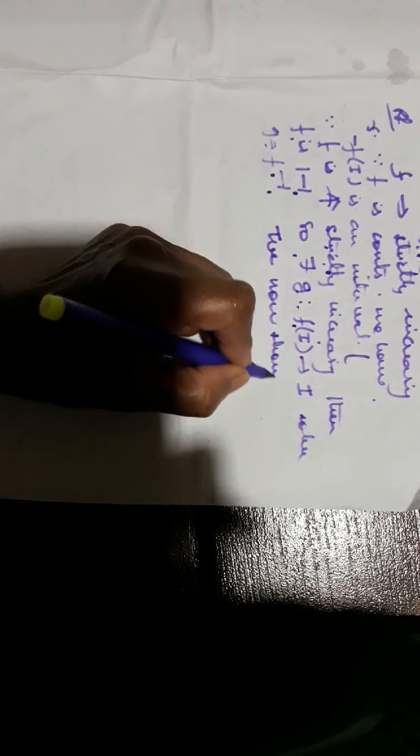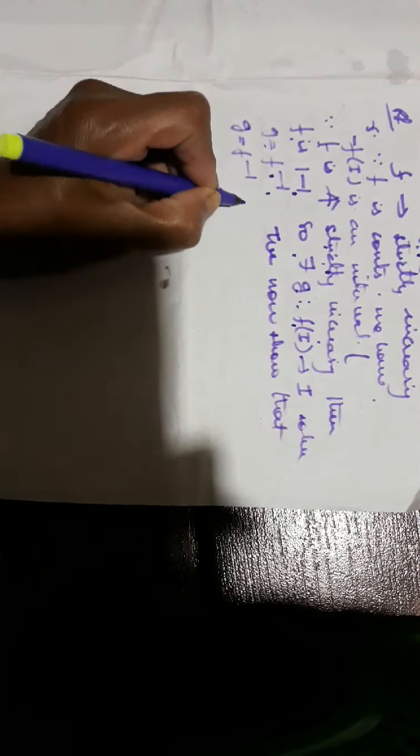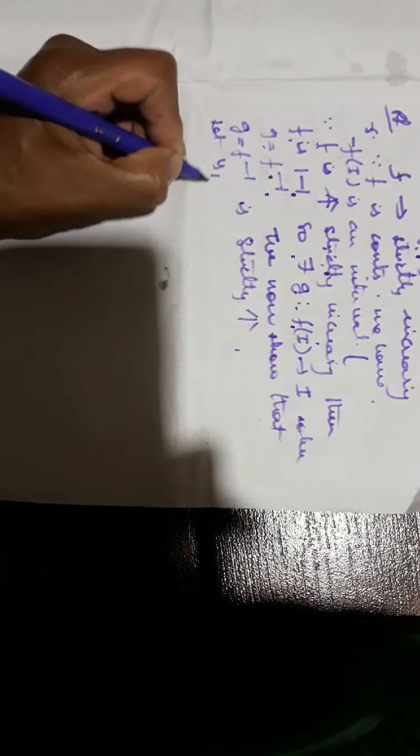And what we need to show is that this g, which is called f inverse, is again strictly increasing. For that, let y1, y2 belong to f(I) with y1 less than y2.